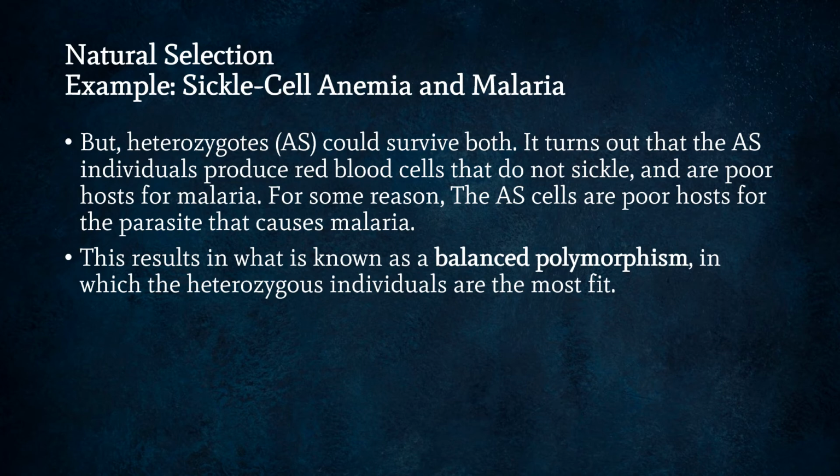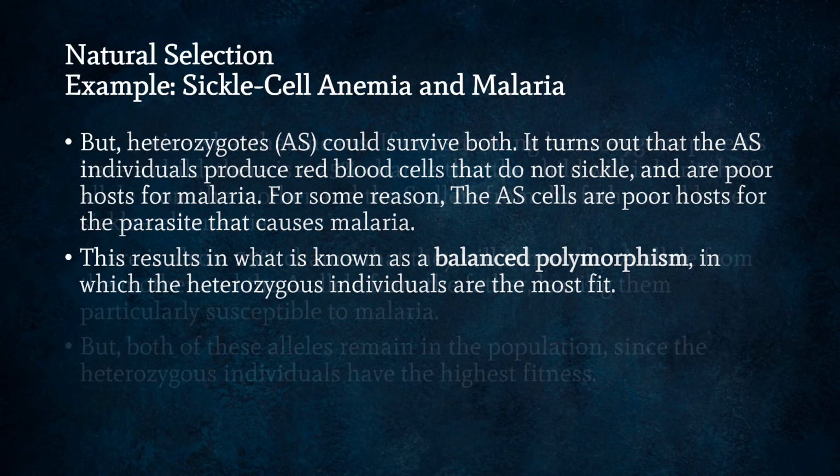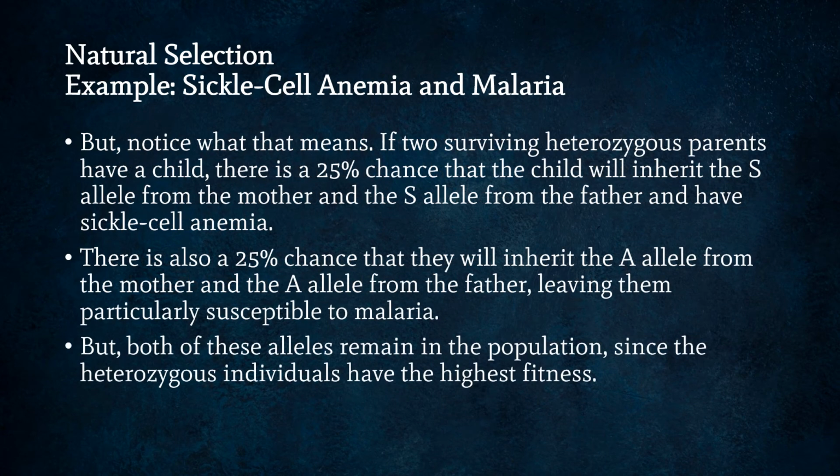So the balance here is that both traits are persistent, both the normal hemoglobin and the altered version that causes sickle cell anemia. Therefore, both traits persist in the population because the heterozygous genotype is more common.